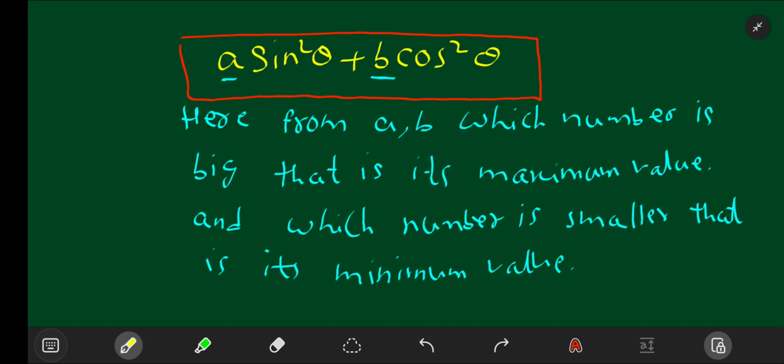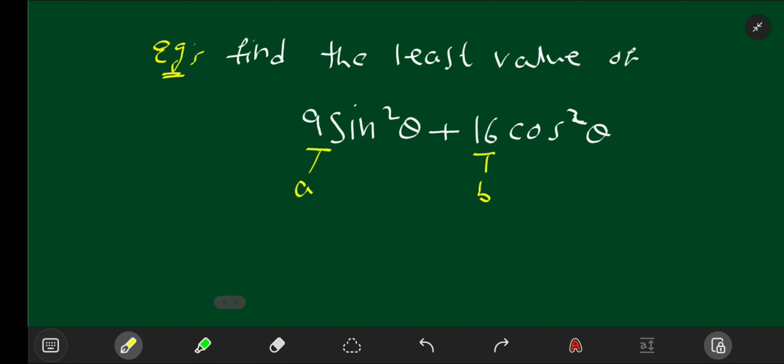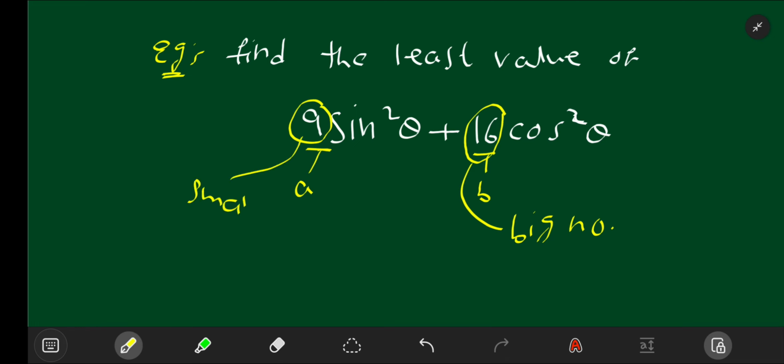So here from A comma B, B is the big number and 9 is the smaller number. So this is directly the maximum value and this is directly the minimum value.